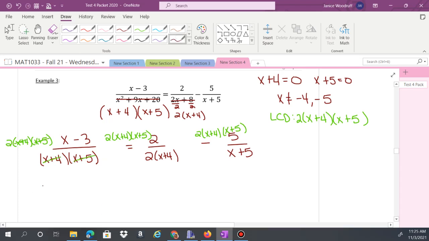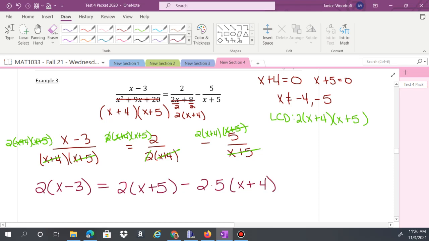I'm going to bring down a 2 times x minus 3. In my second term, the 2's and the x plus 4 is clear. So I'm going to bring down a 2 times x plus 5. In my third term, the x plus 5's cancel. So I'm going to bring down a minus 2 times 5 times x plus 4. And 2 times 5 is 10, so I'm going to make that 10.